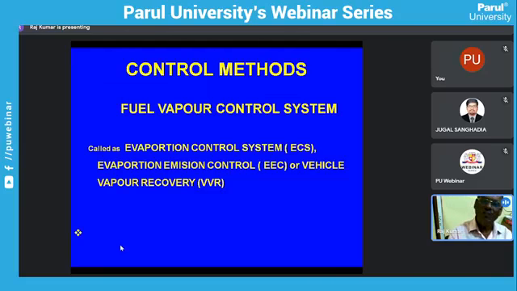Secondly, if the fuel vapor goes to the atmosphere, the fuel consumption will be more because the fuel is getting evaporated and going to the atmosphere, so the load on the pocket will be more. So if we are able to recover that fuel vapor, we benefit twofold. Number one, reducing the pollutants. Second, reducing the cost of it.